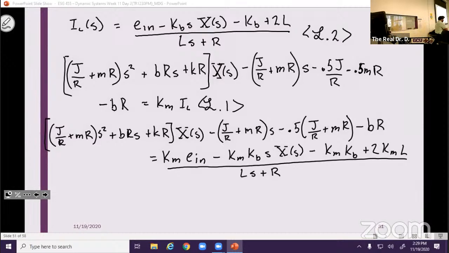If I multiply through by LS plus R on this entire thing, this is going to give me a third order system, which is what we expected because we started with a first order circuit and a second order mechanical system, ish.